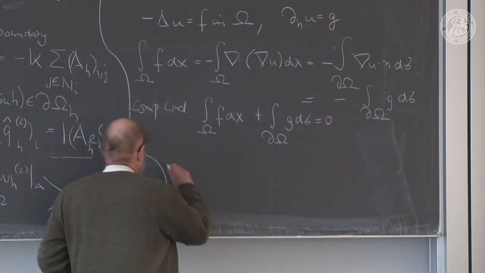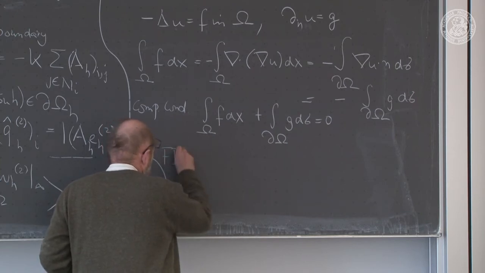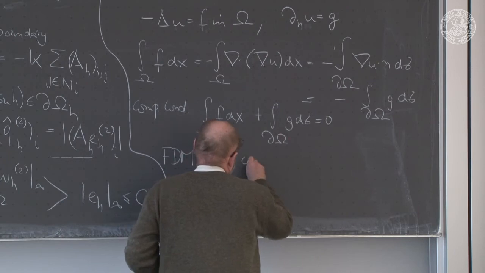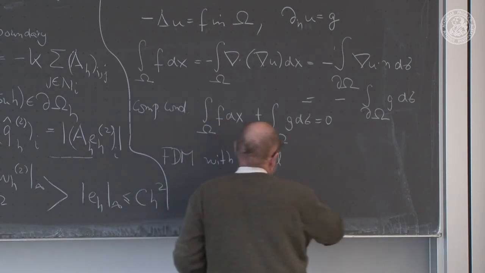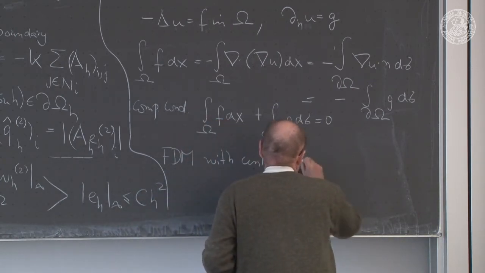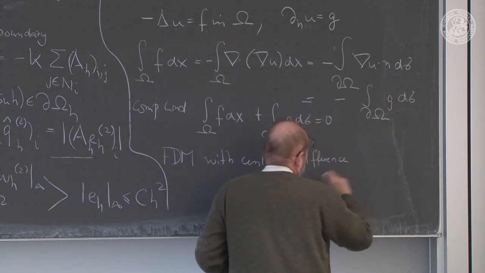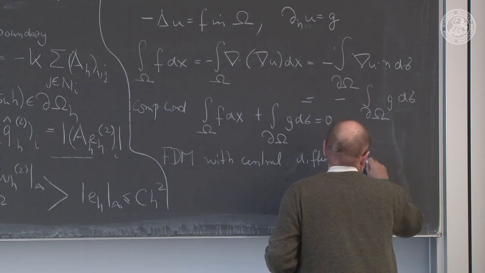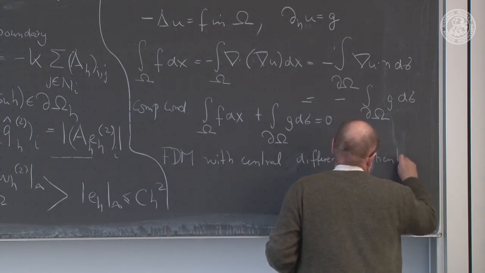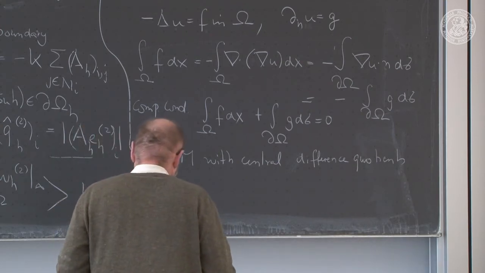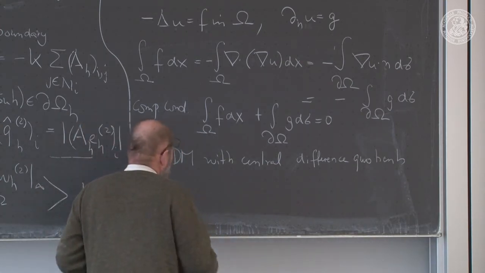That's to the finite difference method. We have discussed this already with central difference quotients and the ghost points, in the way it now appears in this programming exercise. So what do we get then?